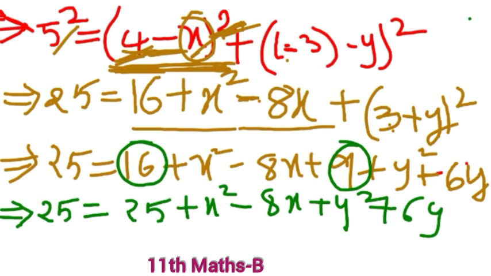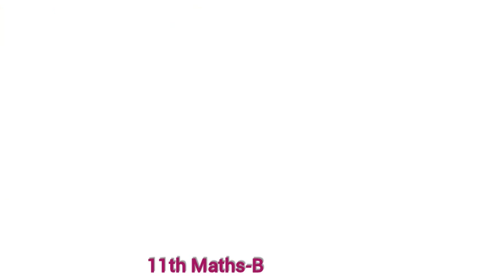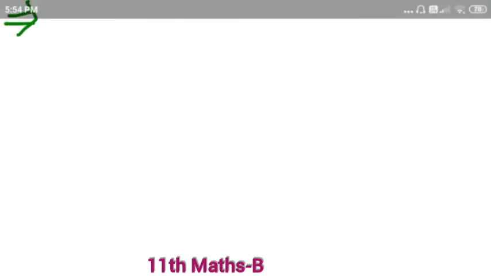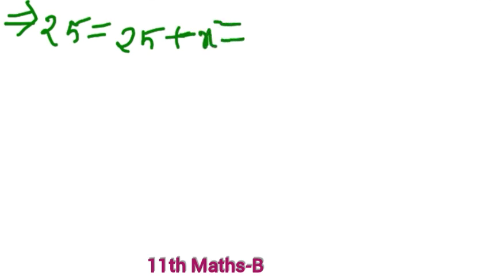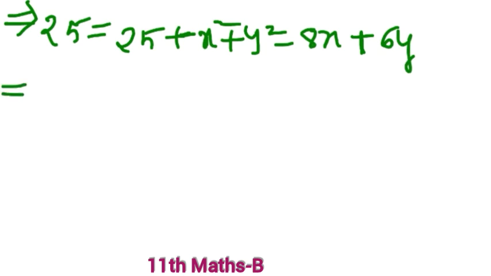Next we shall move on. So now 25 is equal to 25 plus x square plus y square minus 8x plus 6y. Okay, next, now let us send this 25 to the right side.